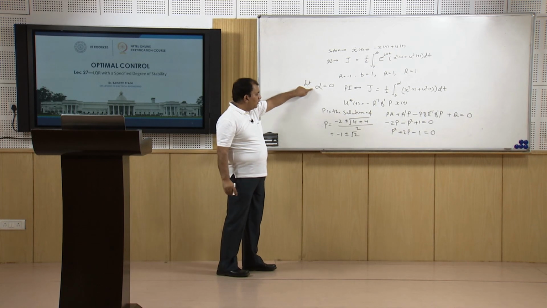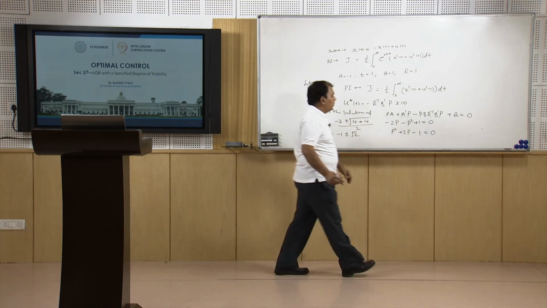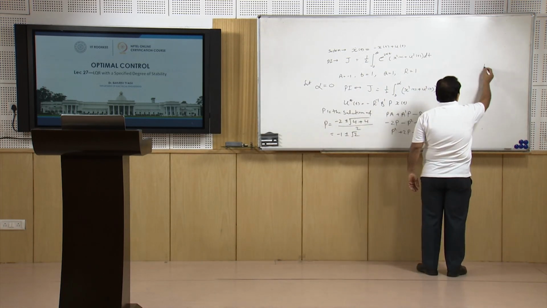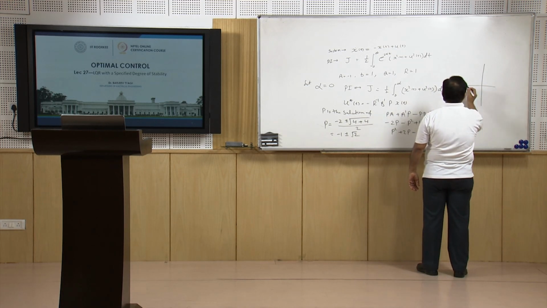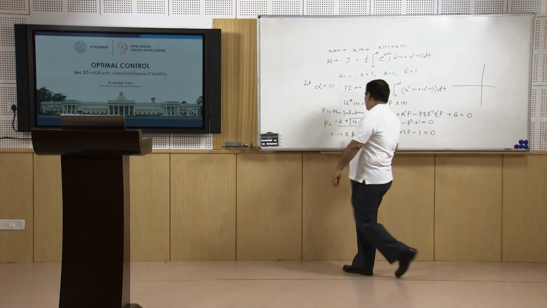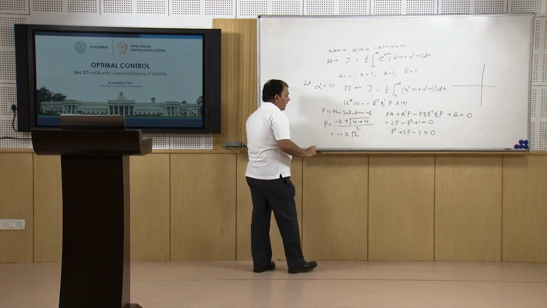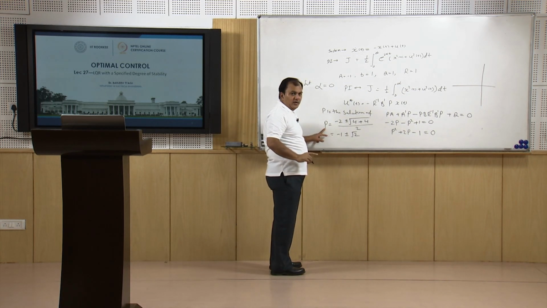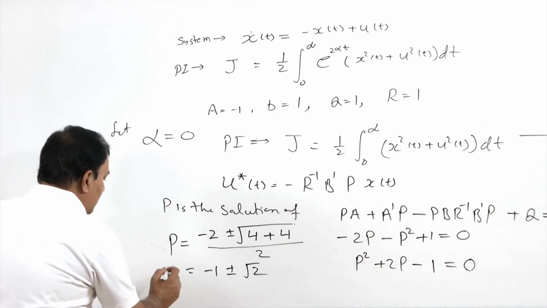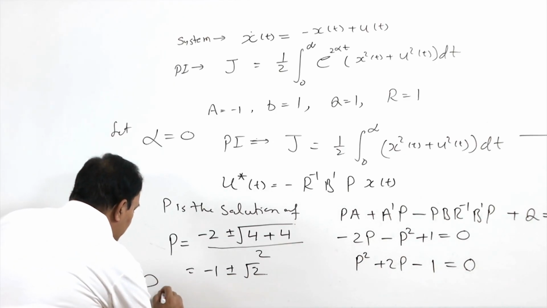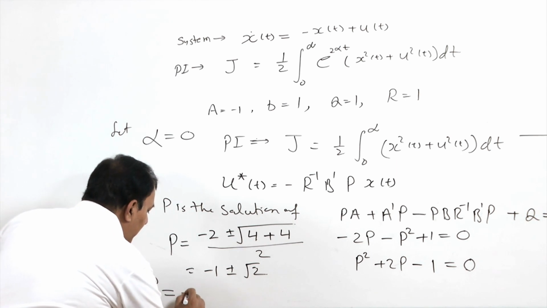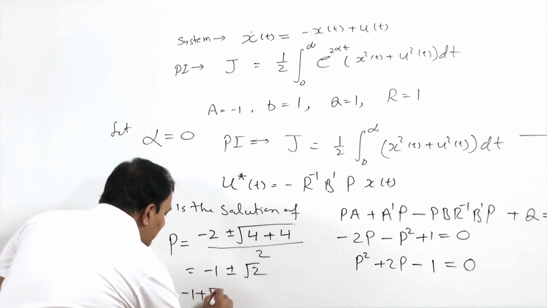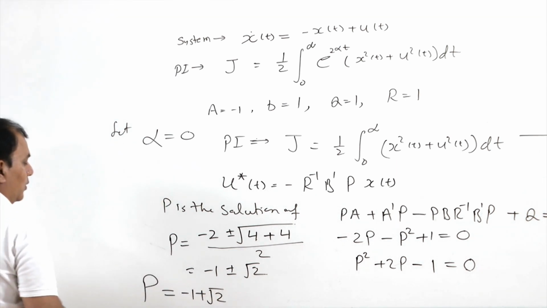So, with alpha equal to 0, I ensure that my system is stable. So, in this case, what the P value we will take? Our P should be positive definite. So, my P will be minus 1 plus under root 2.